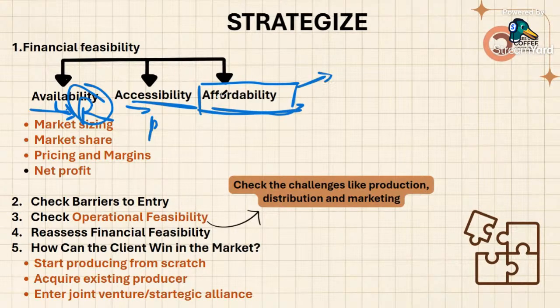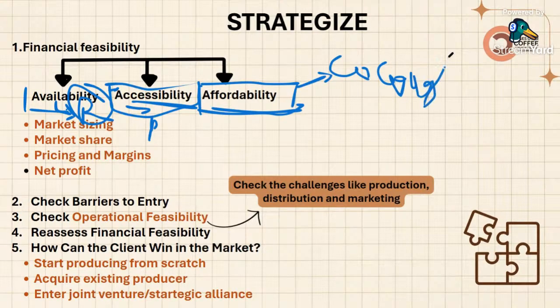Then we have the accessibility. Although we have the product available for the market, and the product is affordable to the target audience, is the product accessible to them or not? Because there are certain industries which are regulated by the government. So although they have a product, the product cannot actually be accessible to the target audience. For example, let's say an Indian pharmaceutical company makes cough syrup.